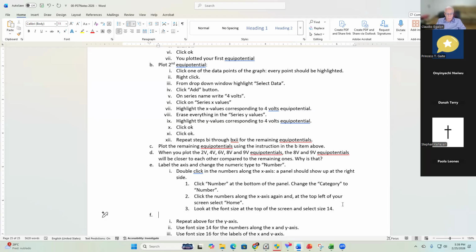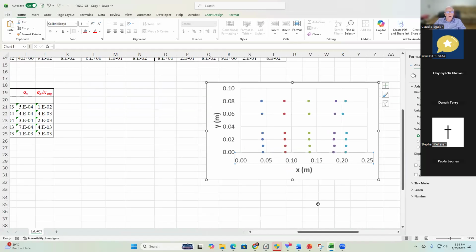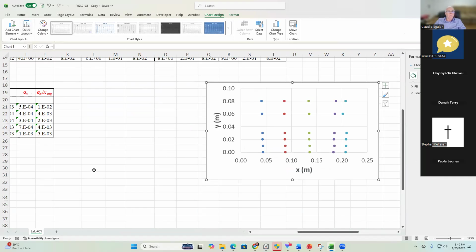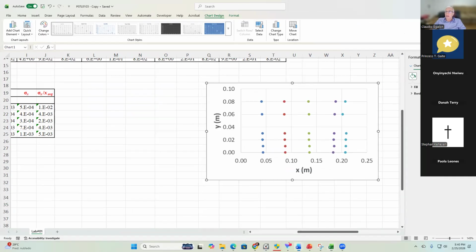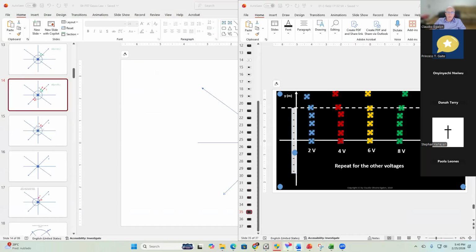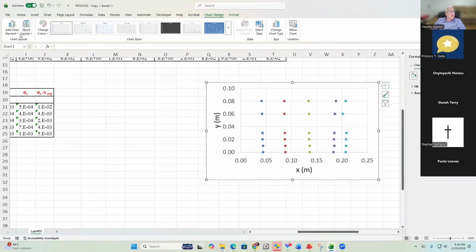Two. What would they call it here? Let's see here. Chart design. Yeah, add chart element. Okay, how do we call it? Let's go back there. I want to use the proper wording that's used here in the axis title.